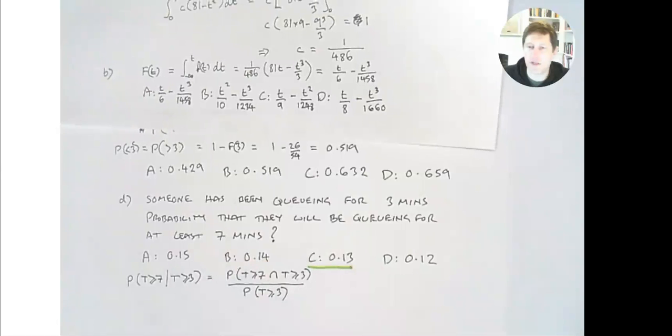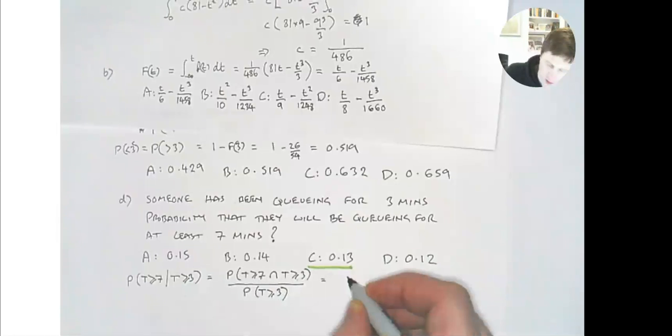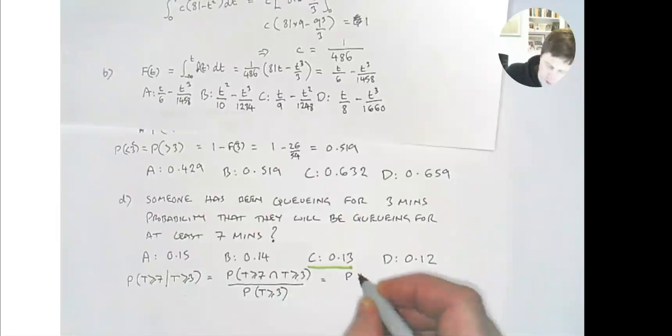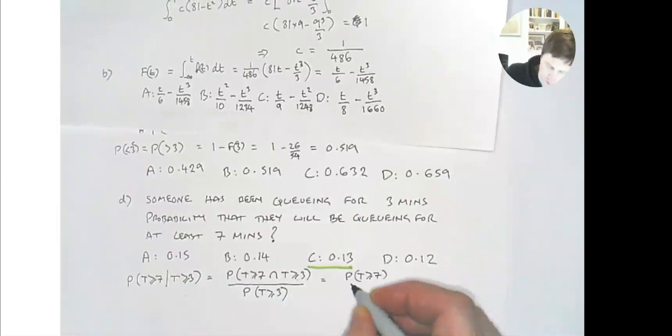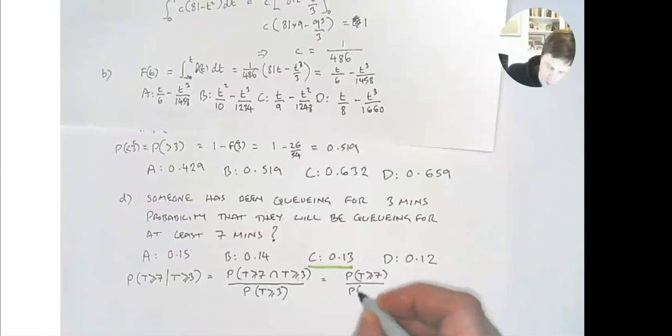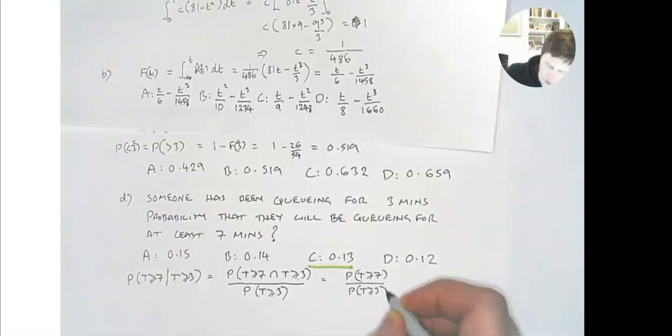But the numerator is a bit trivial, because if you're waiting more than 7 minutes, you must have waited more than 3 minutes already. So the probability of that and that is just equal to the probability that you're waiting more than 7 minutes, divided by the probability that you have waited 3 minutes already.